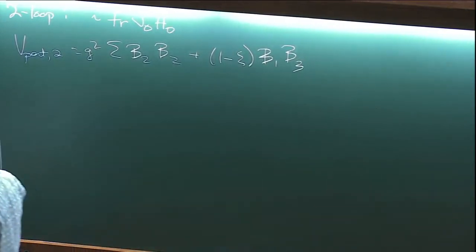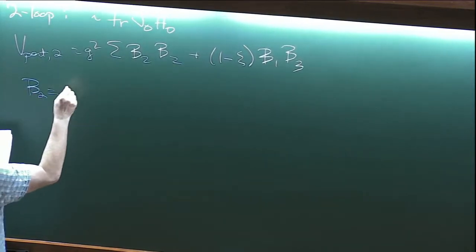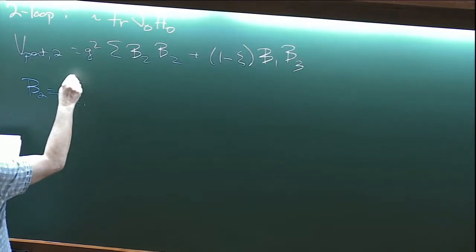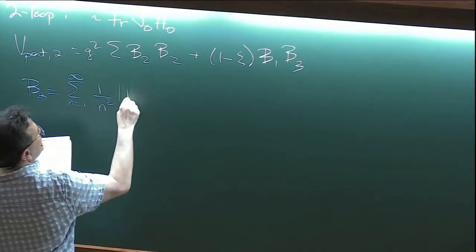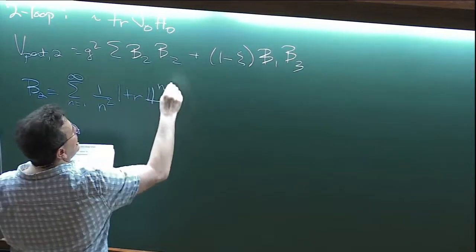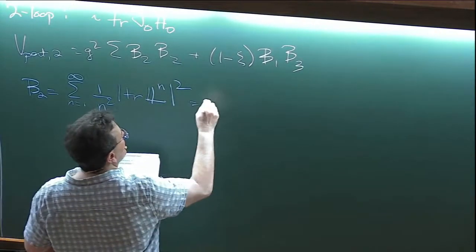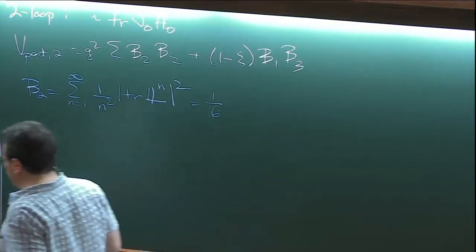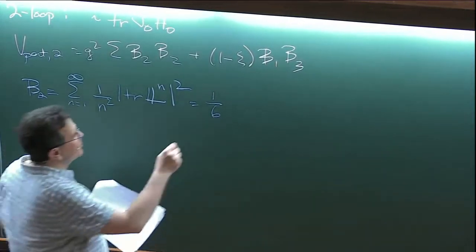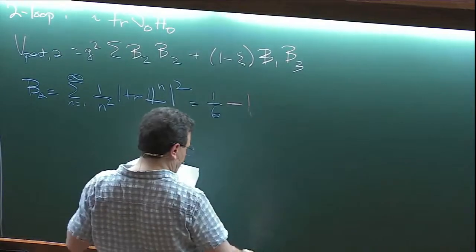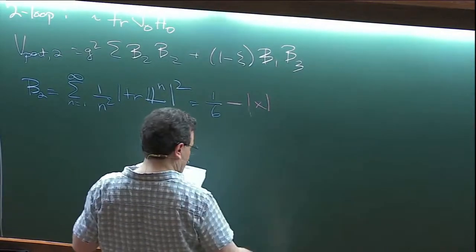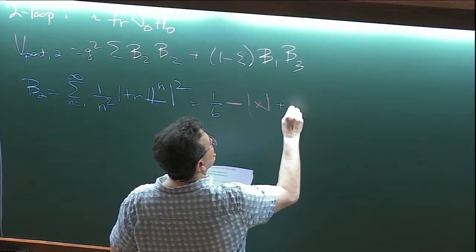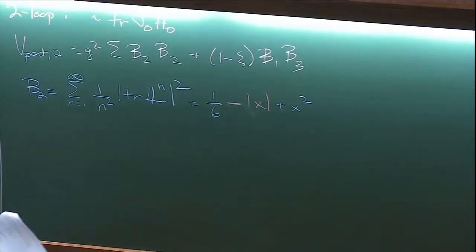And these are the standard Bernoulli polynomials. I'll just write down the simplest one, which is, as I said, 1 over n squared. And now I get to use colored chalk. I love colored chalk. And there's a term that's linear that will play an important role in what comes.